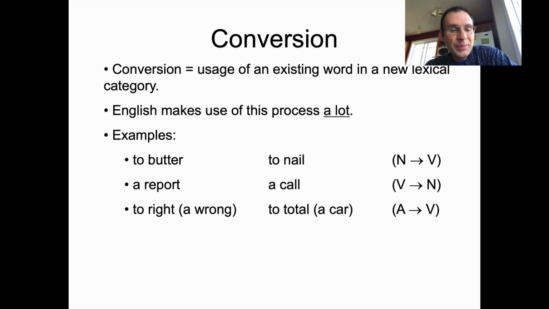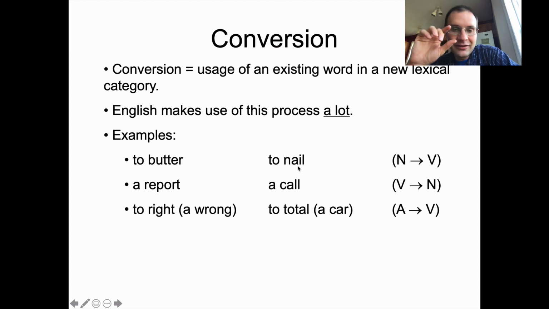So take a word like butter, and maybe we can canonically think of butter as this stick of dairy product that we spread over bread or what have you. So it's a noun, but you can butter something up or spread butter on something, which is to butter a piece of bread. Then you're turning butter into a verb in that particular case.